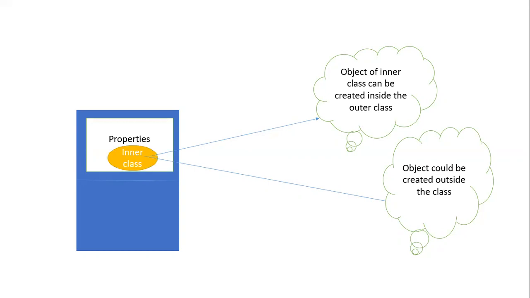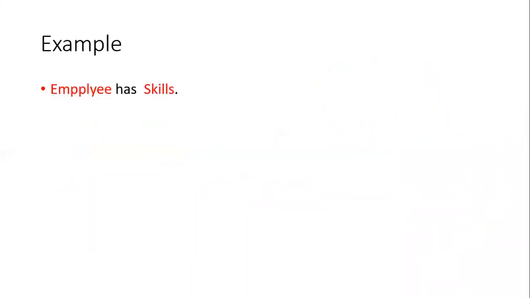So you could see over here that there could be one outer class, it has some properties, and it could hold another class that is called the inner class, and can be accessed outside and inside the class respectively. So let's start with one example.